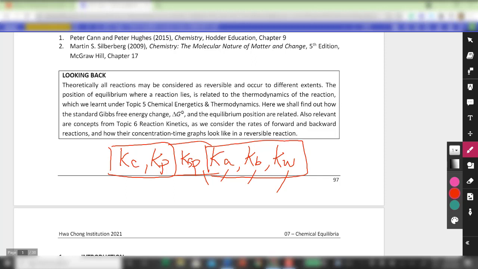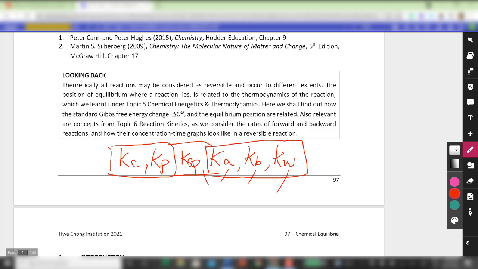Okay, yeah. But not to forget one important thing. Chemical equilibrium is intimately related to thermodynamics, because where your position of equilibrium lies has a lot to do with delta G as well. Yeah, so towards the end of this particular topic, we're going to do a link up between delta G and equilibrium constant, and you will have a clearer view of what exactly is happening.